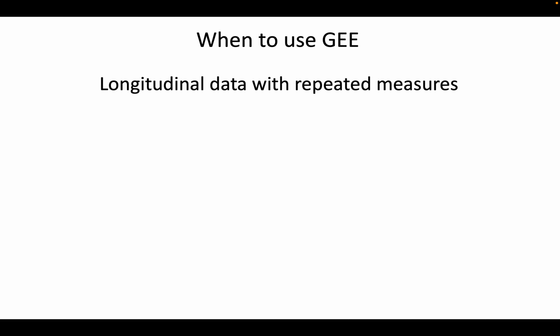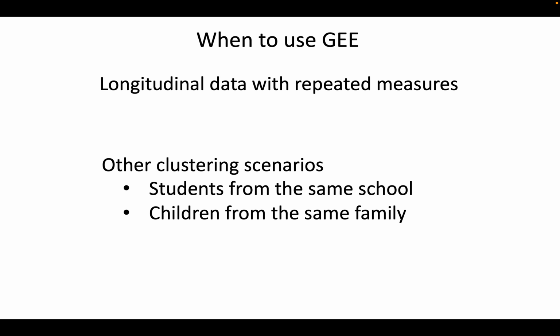So for that reason, GEE is useful in other clustering scenarios. If you have a question related to some health outcome in school-age children, you might sample kids from a bunch of schools, but especially if it's infectious disease, kids from the same school are likely to be correlated in their outcome status.